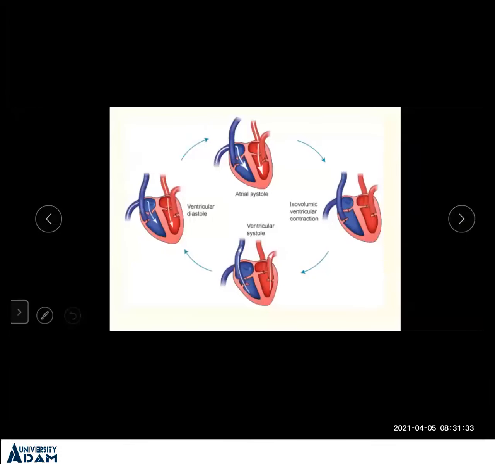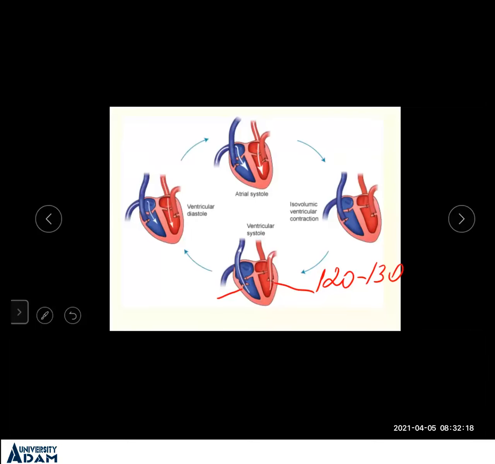Pressure in the left ventricle: during systole it can reach a maximum of 120 or 130. During diastole, in the left ventricle, and in the right ventricle, how much is the pressure in this period? Do you remember, the left side is the high pressure side.